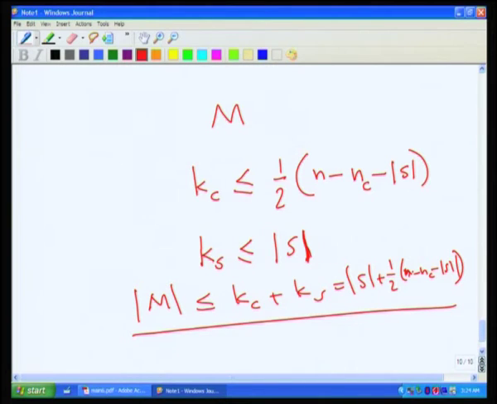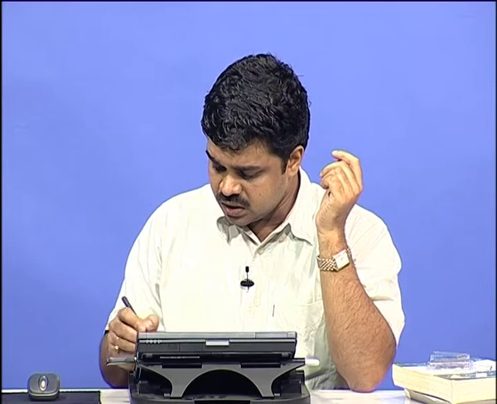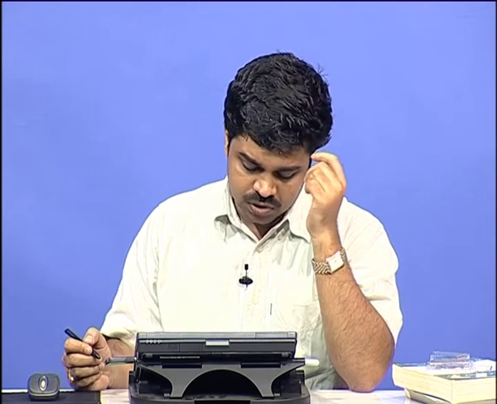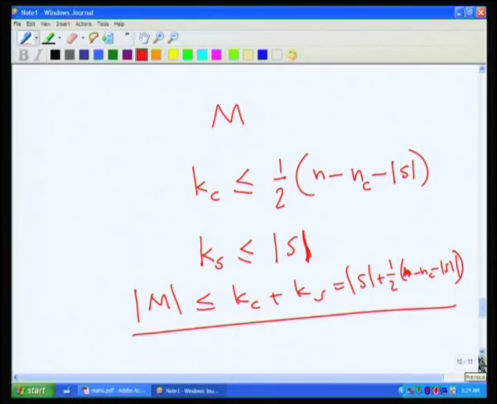Now we can see that not only is this an upper bound, there are some matchings which achieve this bound. Any matching M should have cardinality at most the cardinality of S plus half of n minus Nc minus the cardinality of S.